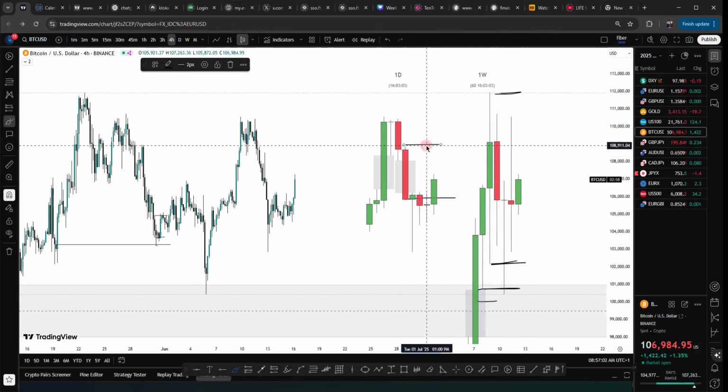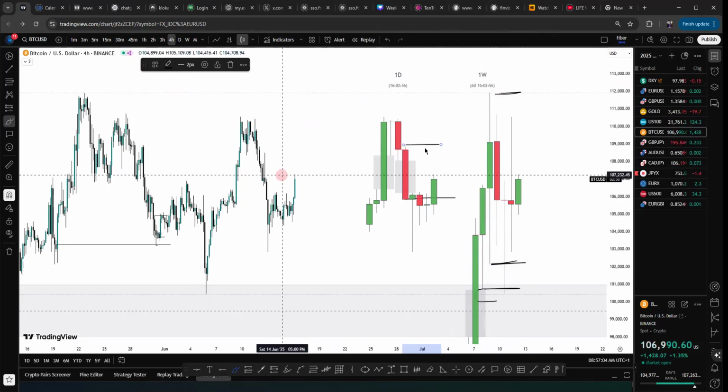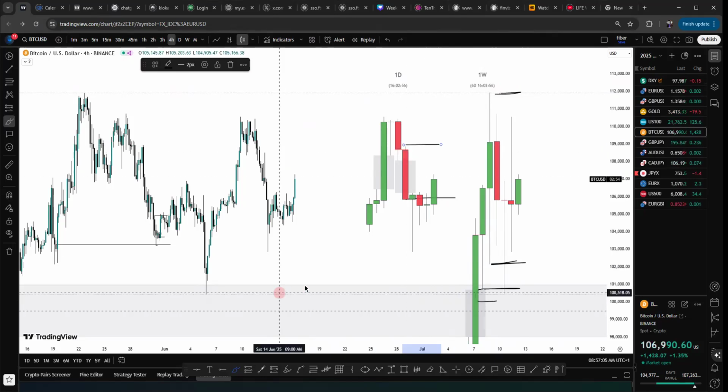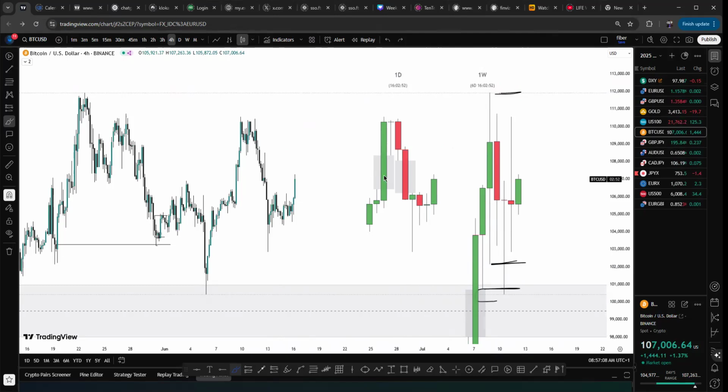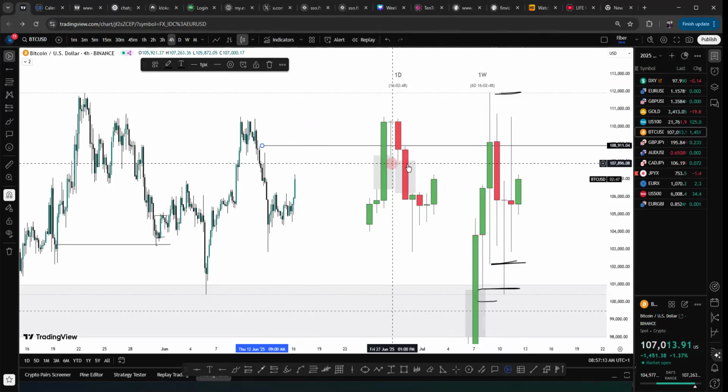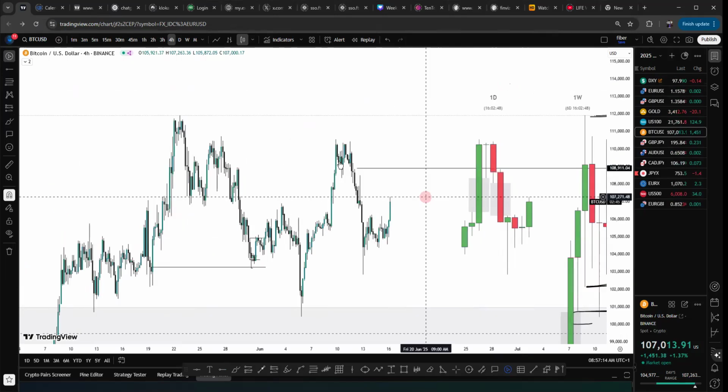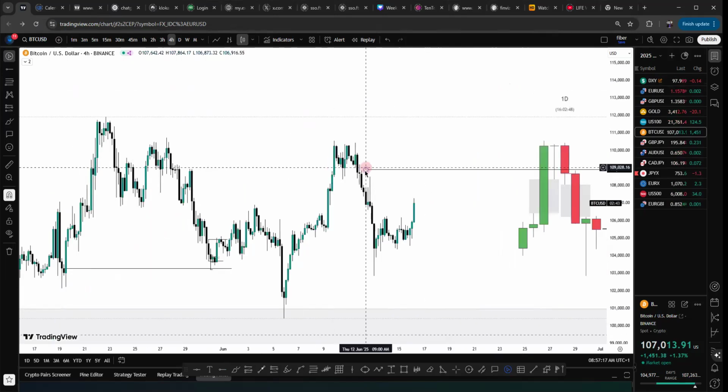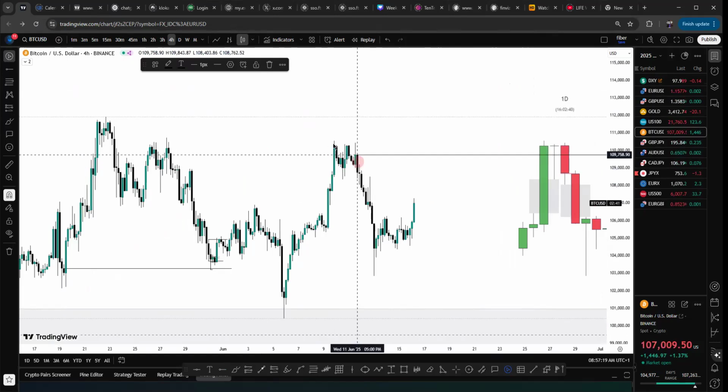So we can be targeting these highs around this, last week's side. We can even target these highs.